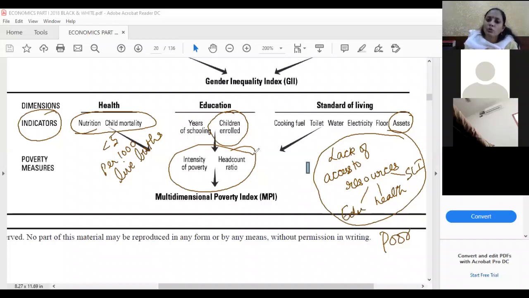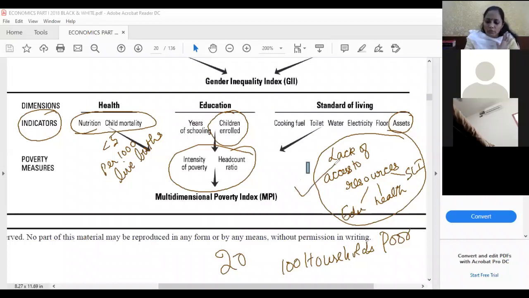I'm going to give you a numerical example now. Assume that the surveyor went to 100 households in India. 20 households were identified as poor. How did we identify? Because they don't have access to resources: lack of good access to education, health, nutrition, or the standard of living.